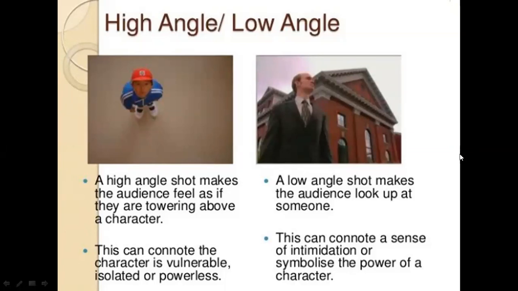Basically, it is a cinematography technique where the camera points down on the subject from above. High angle shots are used to make the subject or object seem vulnerable, powerless, or weak.